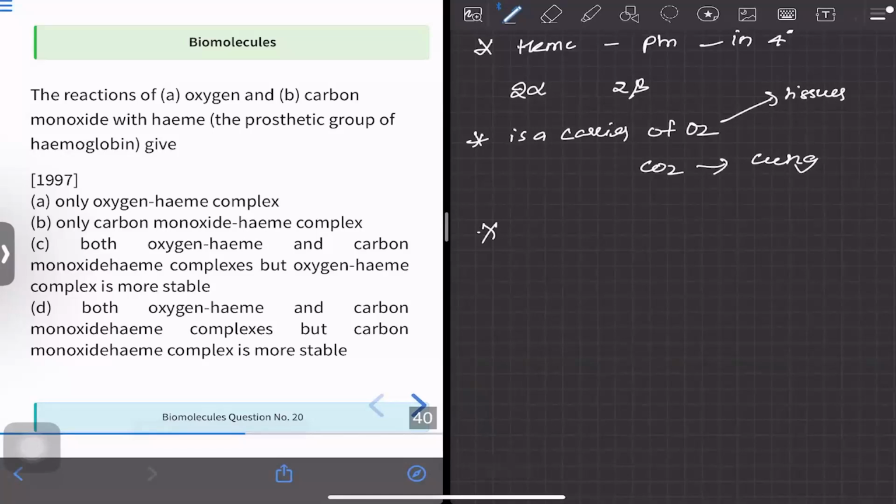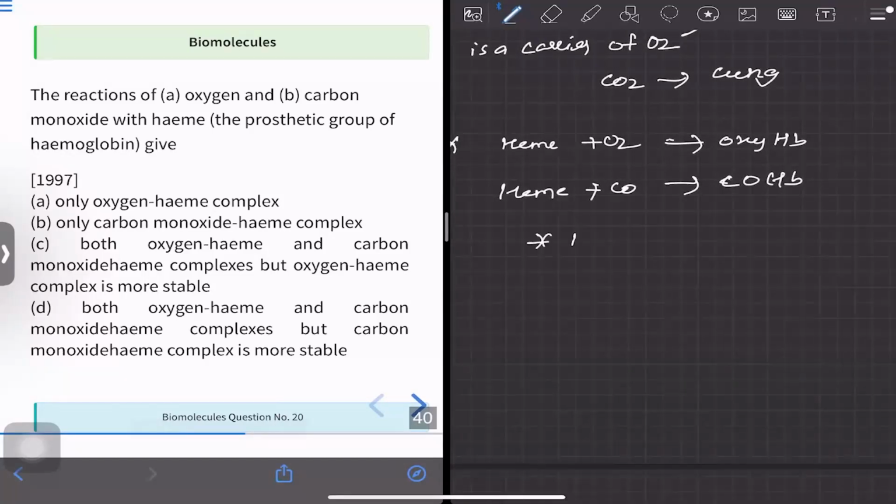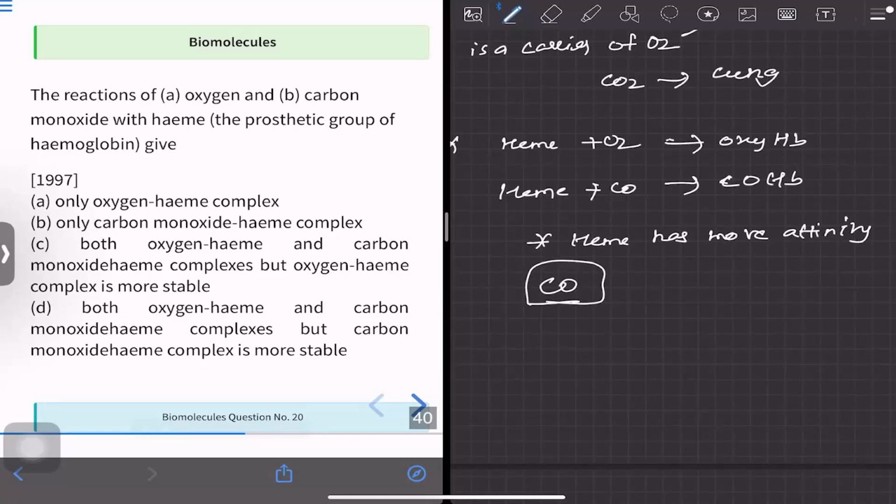They are asking what is the reaction between heme and carbon monoxide and oxygen. We all know when heme reacts with oxygen, it forms oxyhemoglobin. When heme reacts with carbon monoxide, it forms carboxyhemoglobin. So we all know that heme has more affinity towards carbon monoxide.